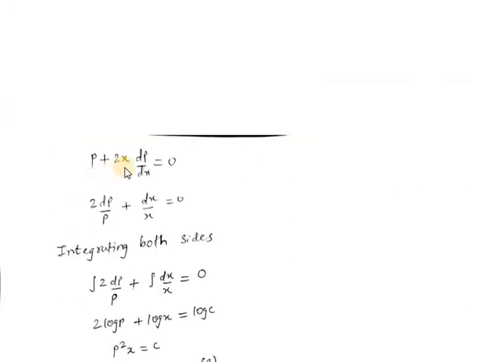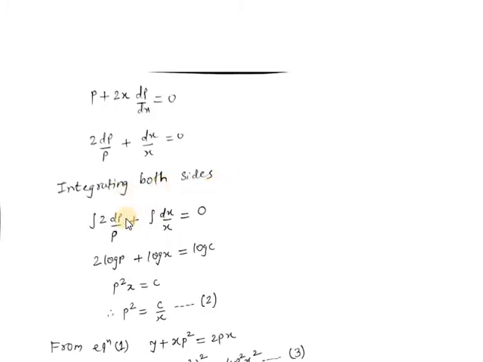So p plus 2x dp by dx is equal to 0. So if we simplify it, then it will be p dx plus 2x dp is equal to 0. Now dividing these two terms by px, we will get 2 dp by p plus dx divided by x is equal to 0.